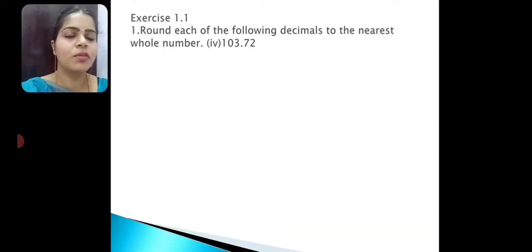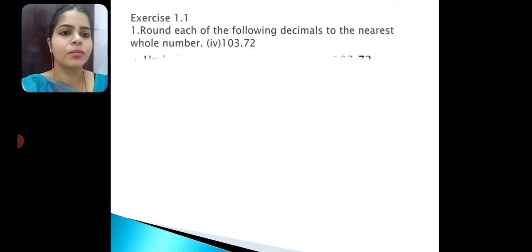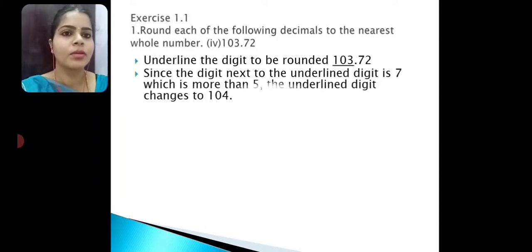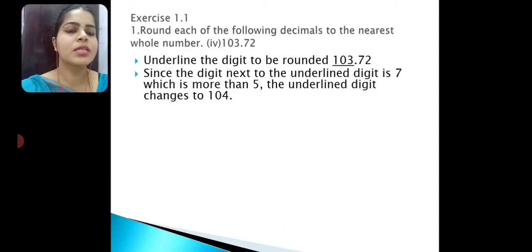Now, let us solve the Roman number 4 problem, 103.72. In that, first underline the digit to be rounded. We have underlined 103.